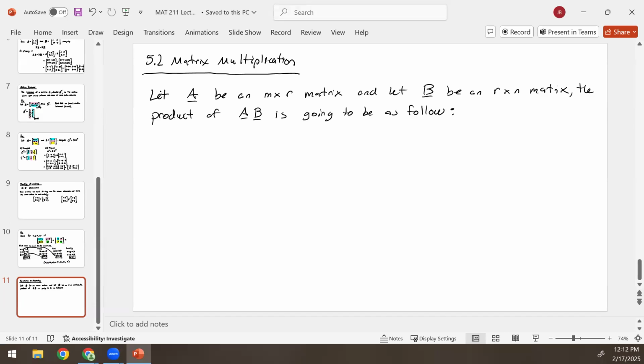Take the dimension of your first matrix, M by R. That's A. And then you multiply it by B, which is R by N. As long as these two inside numbers are the same, then the product is defined, and the resulting matrix will be the two outside numbers, M by N. That's how you multiply two matrices, essentially.